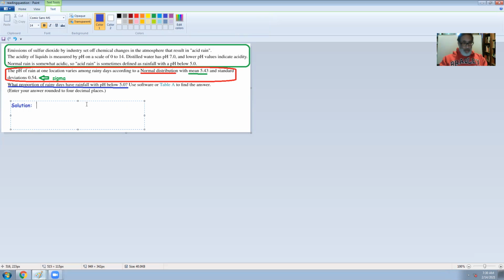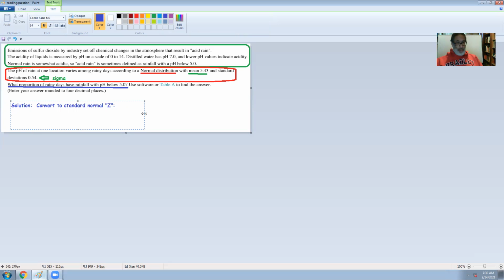So what you remember is that, first of all, we want to convert to the standard normal, which is our z.